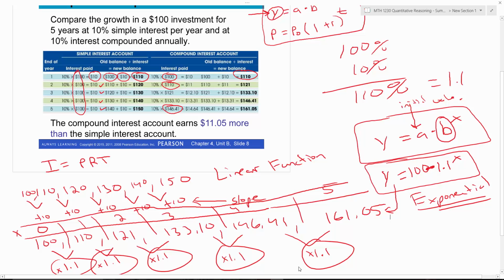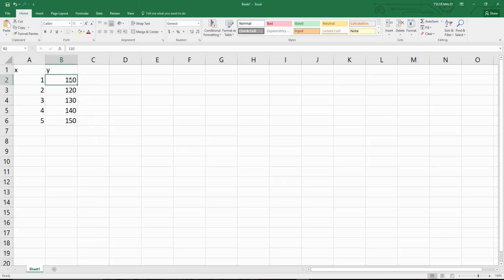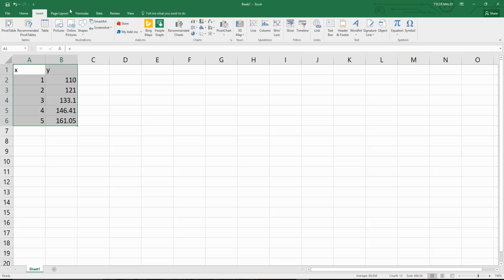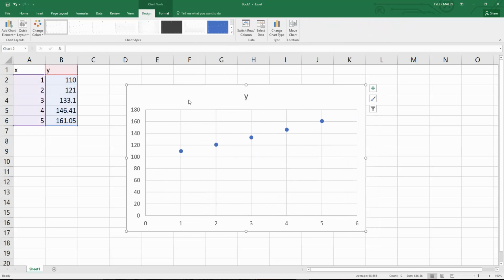So if I were to throw this into Excel real quick, the values that we have are 110, 121, 133.10, 146.41, and then 161.05. If I make a scatter plot with these points, notice it is not quite a line.